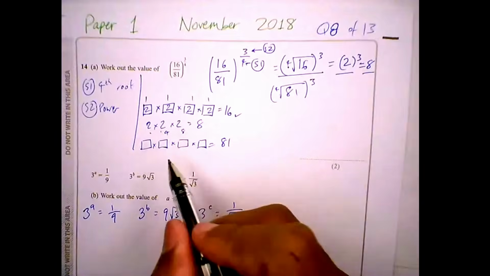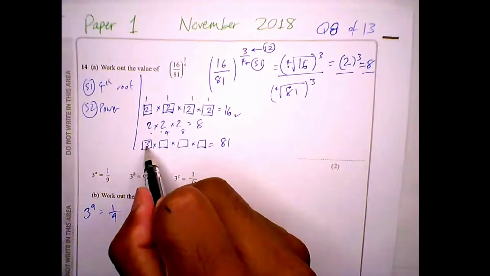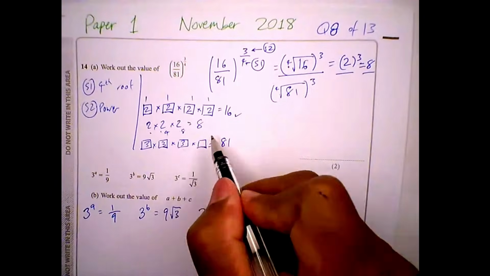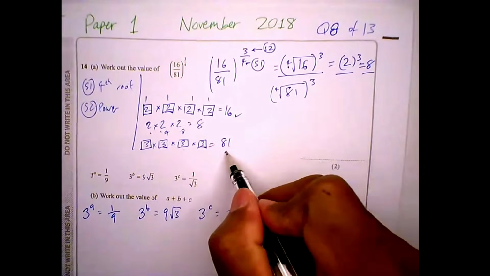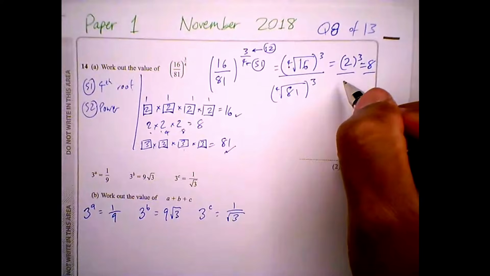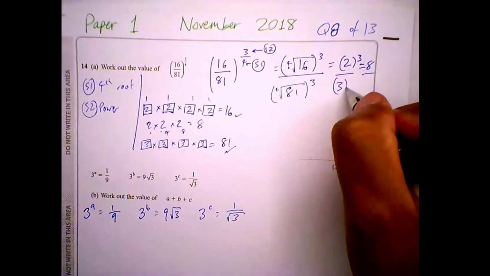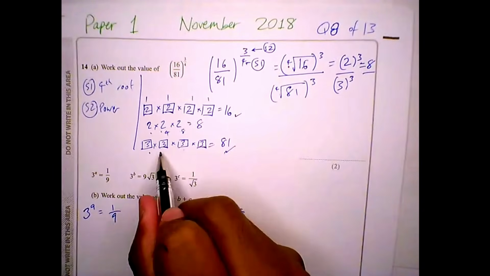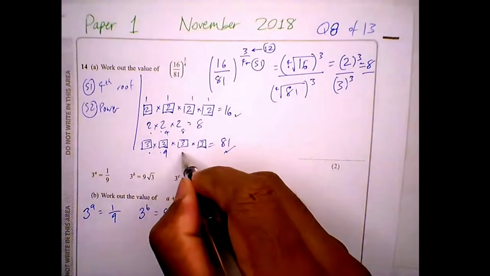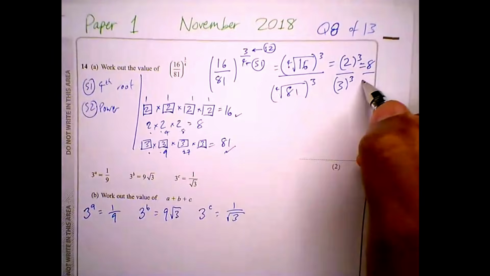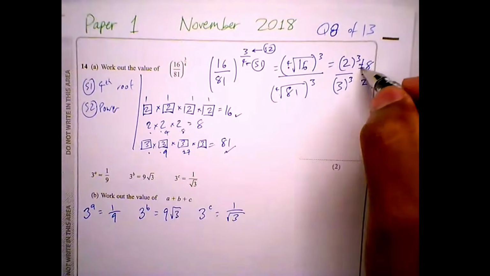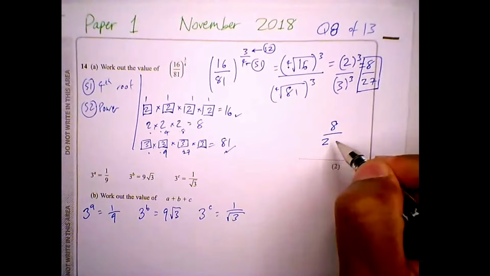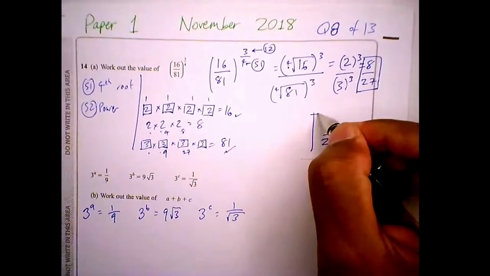So we've done 2, the next one must be 3. 3 times 3 is 9, times 3 is 27, times 3 is 81. So that works. So this is 3 raised to the power 3. So we've done that. 3 times 3 is 9, times 3 is 27. 8 over 27 is my final answer.